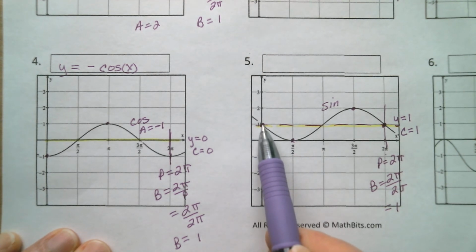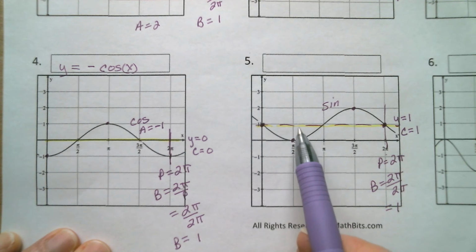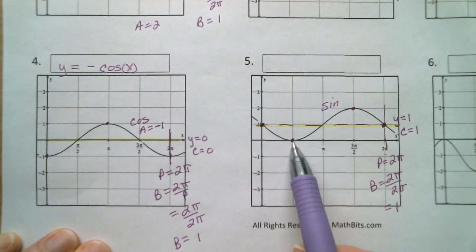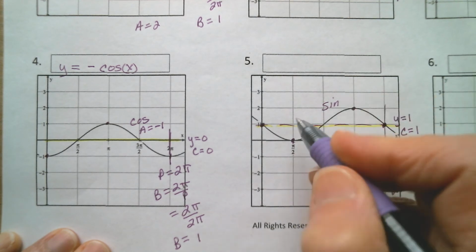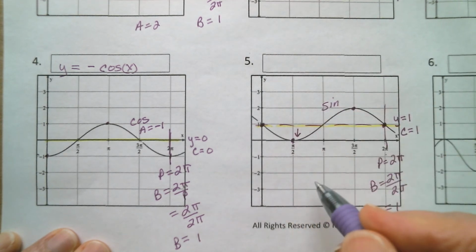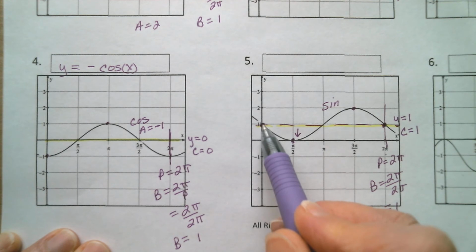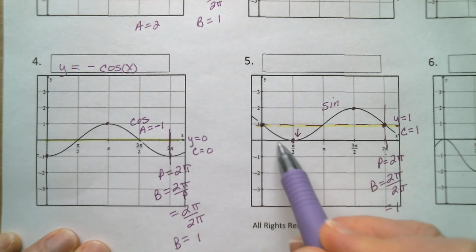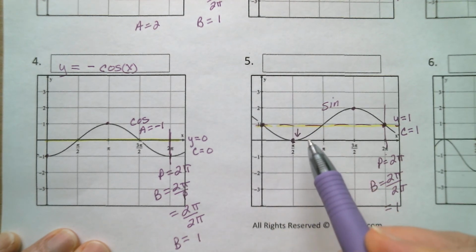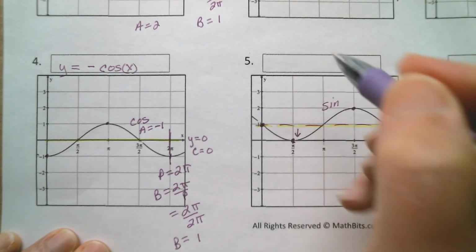It starts on the midline and goes down 1 below the midline. So that means a is -1. We didn't start from the midline and go up to its max. Nope, we went down to a minimum first, and it's 1 below the midline.